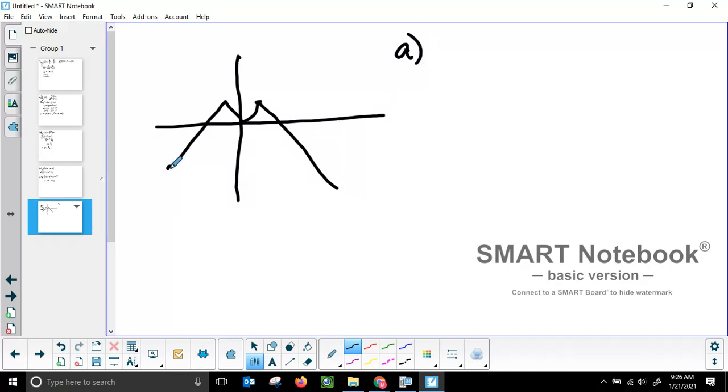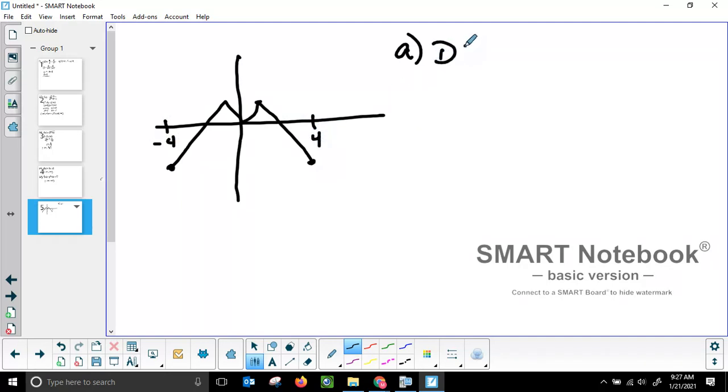All right, and these do stop right here. There's not an explicit point there at the end. But since there's no arrow, we can assume that it just stops right there. So my domain over here, this is negative 4, and this is positive 4.